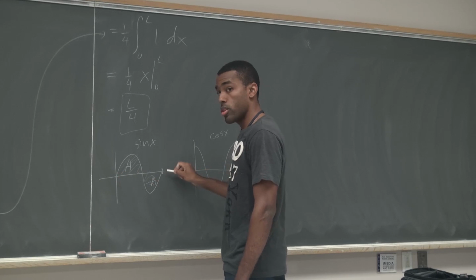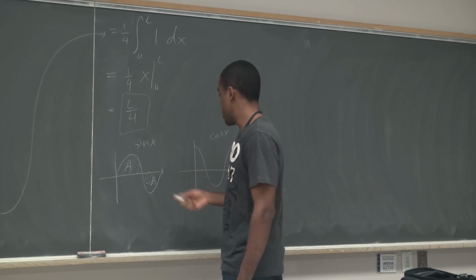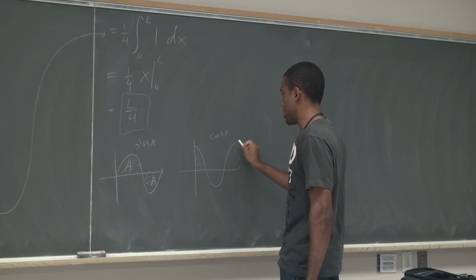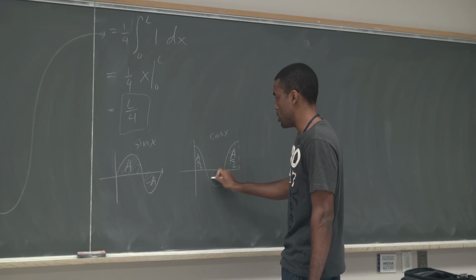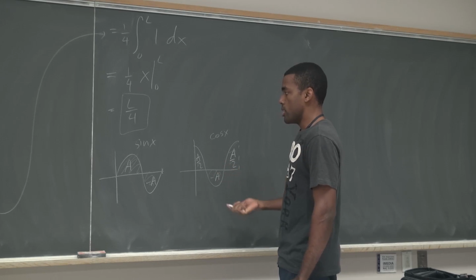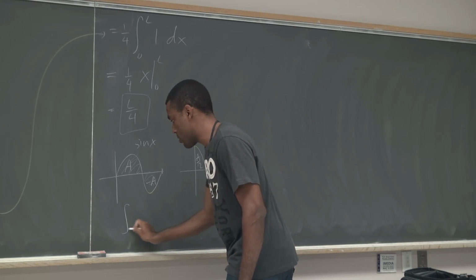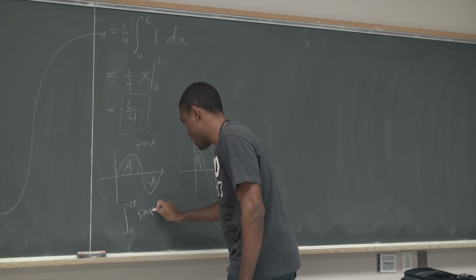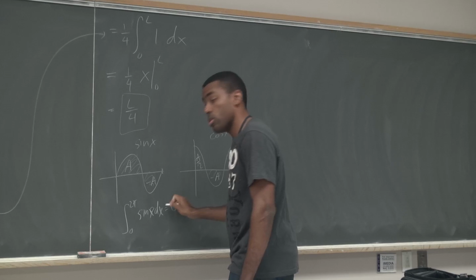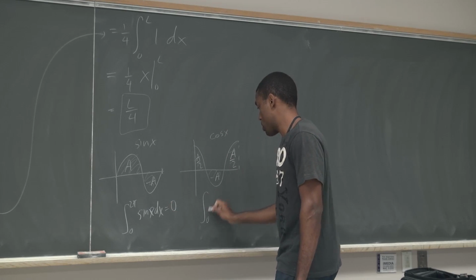So once you integrate over a whole period, you're going to get 0. Same thing for cosine. The area is here. This would be a over 2, that would be a over 2, this would be minus a. So if you're integrating over a full period, like from 0 to 2 pi of sine x dx, the answer is 0. Same thing for cosine.